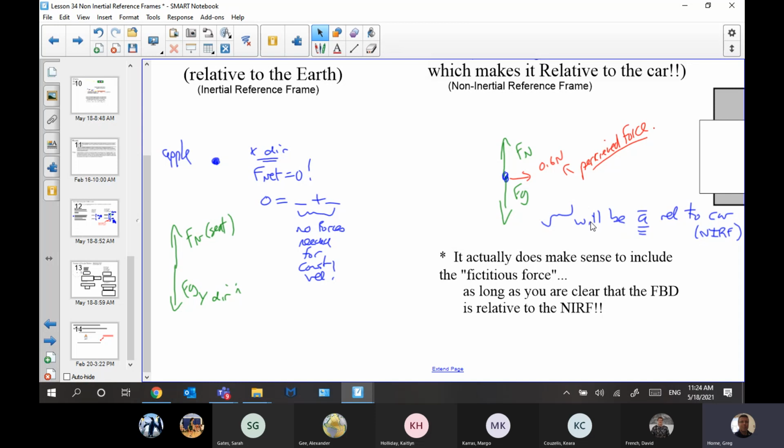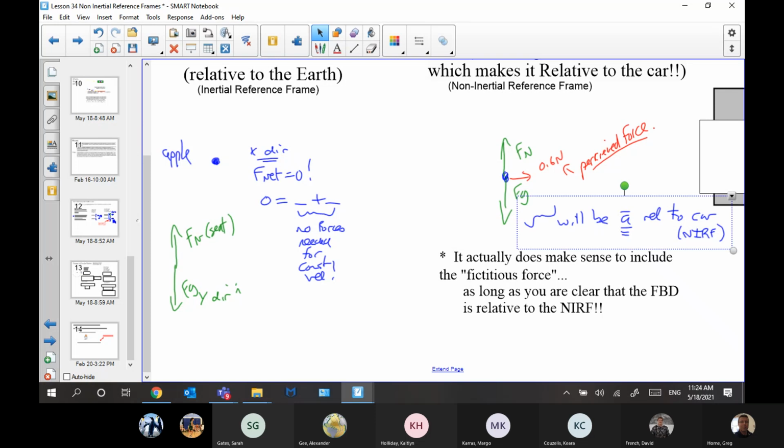I feel like maybe color coding that red, just to show it's the red force that's leading to that. So there's acceleration. To have this one equivalent for the apple relative to the Earth, I guess you don't have to do anything here.